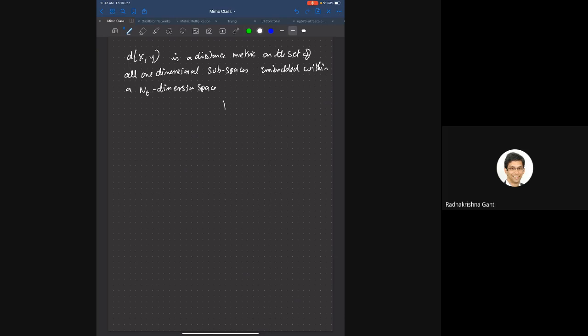for example, this is x and y. What dimensional space is this? It is a two-dimensional space. This is R square. So what are all the one-dimensional subspaces in this? Any line that passes through the origin is a one-dimensional subspace.